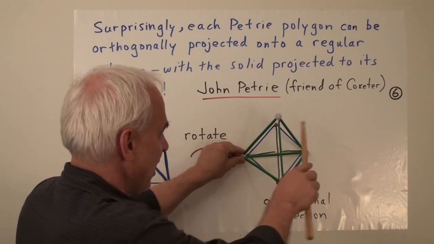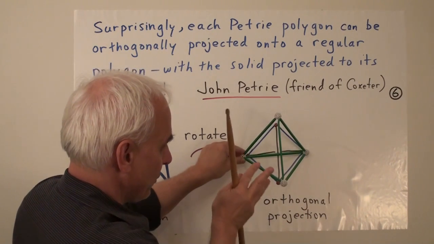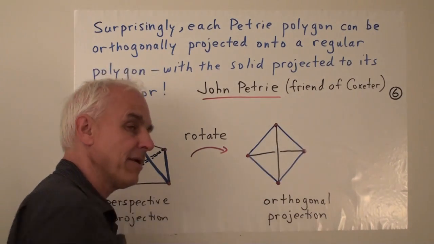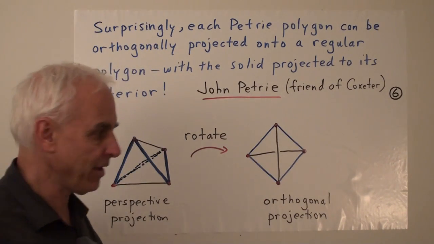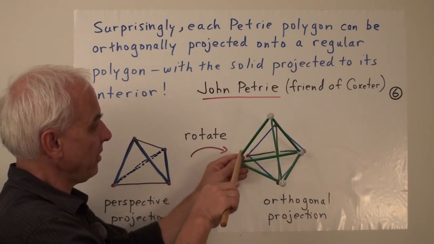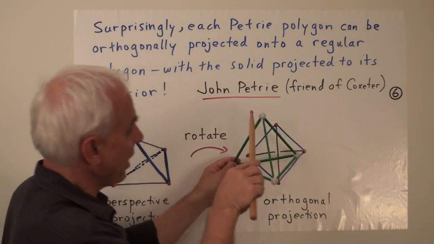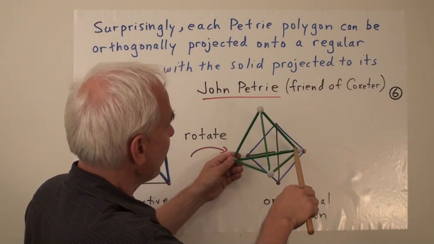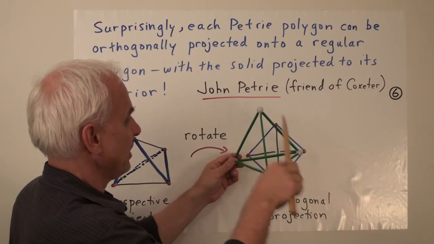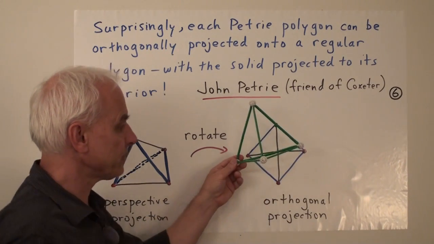Then each of these sides will have the same projection, and you'll actually get the square. And that outline, that blue outline, is actually the Petrie polygon of the thing. So for example, we're talking about this, followed by this, followed by this, followed by this. That's an example of the Petrie polygon.